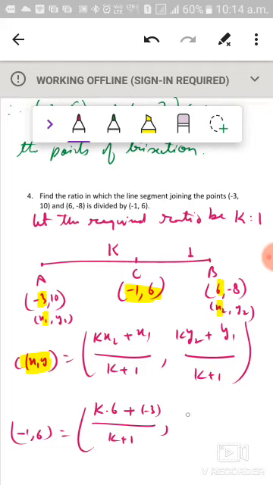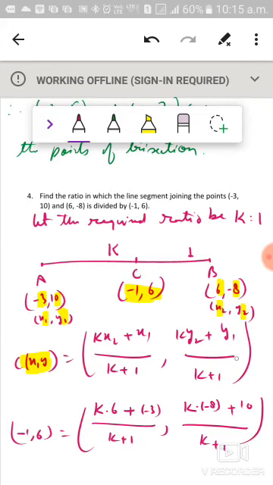Then k y2, what is y2? Y2 is minus 8. K into minus 8 plus y1, what is y1? Y1 is 10, by k plus 1.